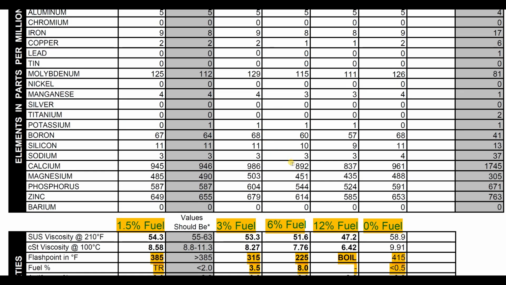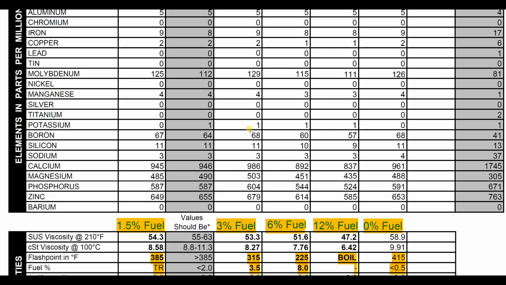Something that's interesting is that look at the additive packages here, the molybdenum, calcium, magnesium, phosphorus, zinc. They all decreased. If you look at it going from the 0 to the 12, they all decrease. And it actually decreases with respect to fuel dilution.